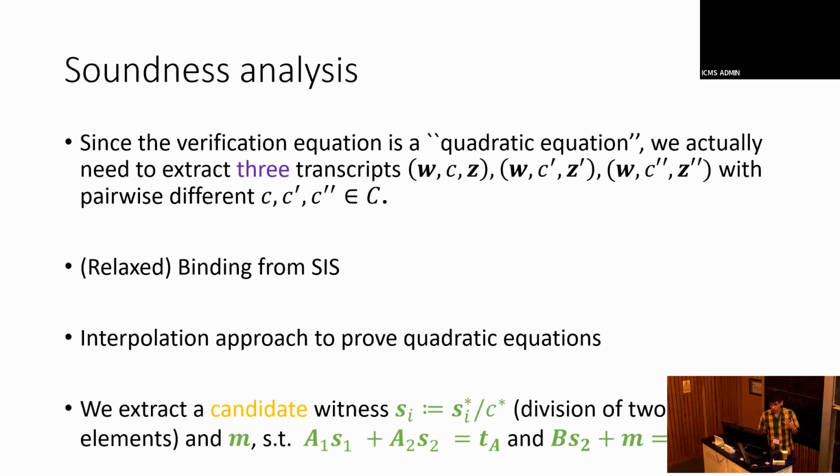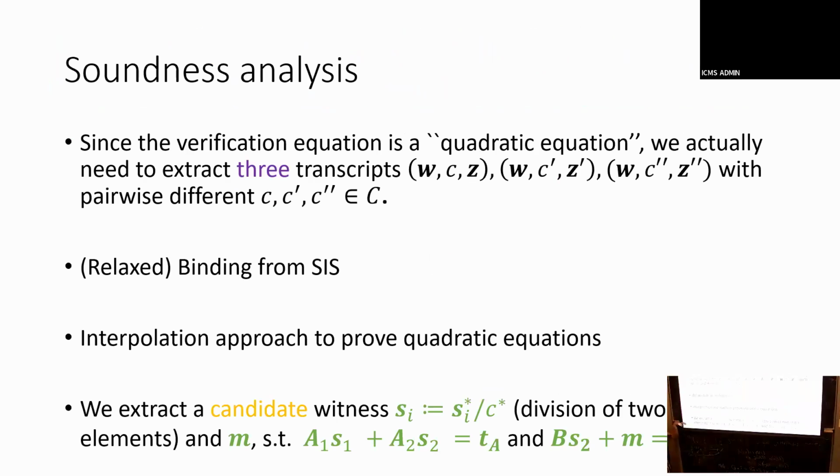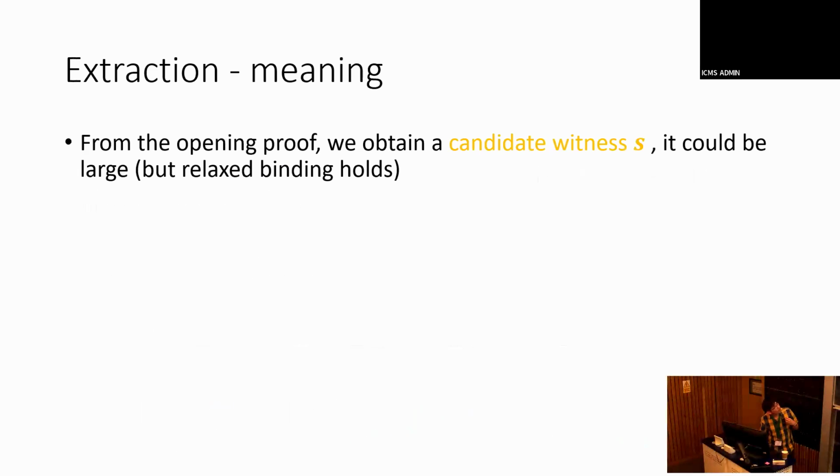So from this 3-round protocol, we can extract the candidate witness, which satisfies all the properties. But then I need to prove that my S1 has binary coefficients, basically what we wanted to prove at the very beginning, right? So now we're going from bottom up. From the opening proof, from these approximate proofs, I get a candidate witness.